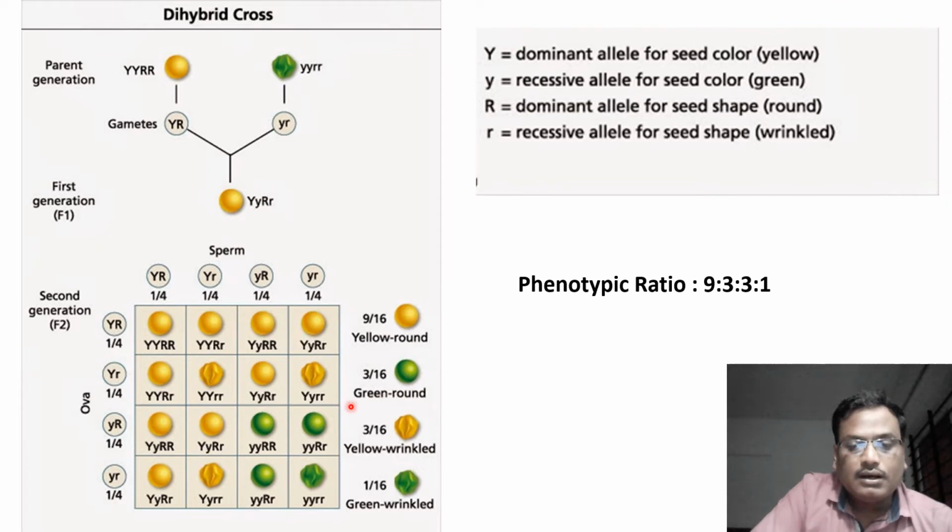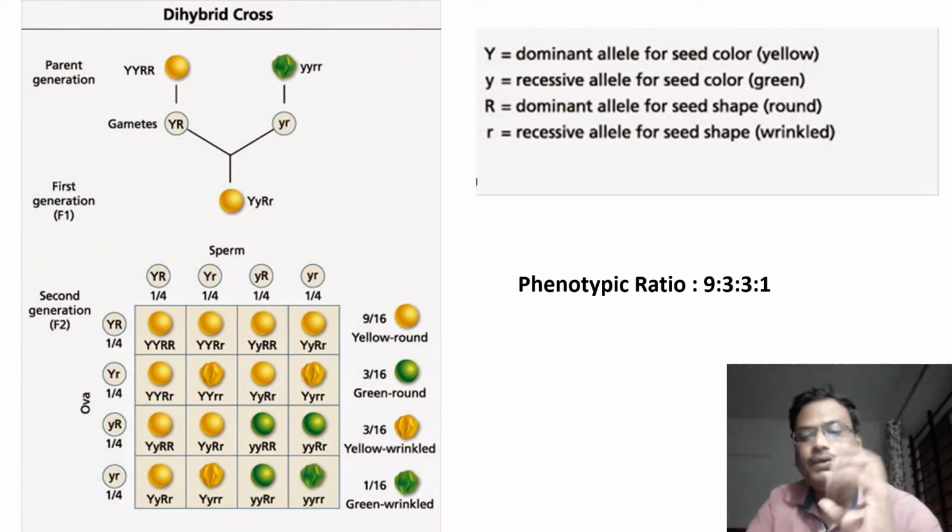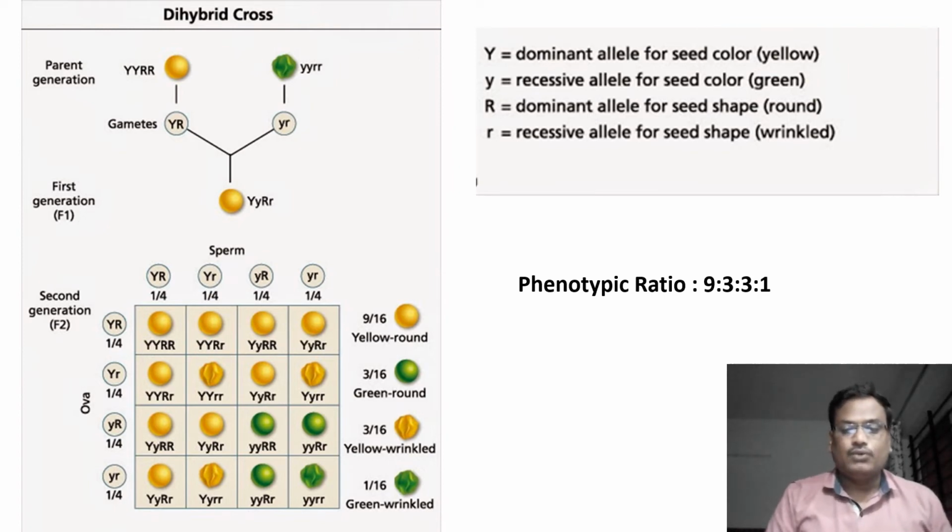But green round and yellow wrinkled are the two new phenotypes which appear in the F2 generation. So green round and yellow wrinkled combination appeared in the F2 generation. It is not there in the parent. So this led to the second law of Mendel, or Mendel's law of independent assortment.